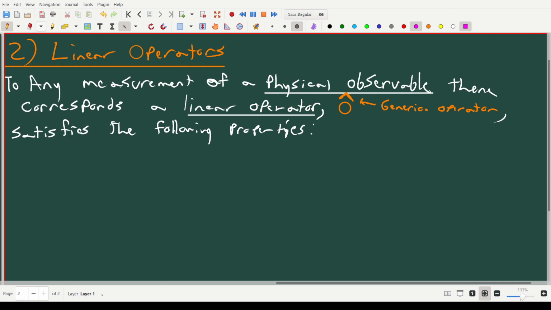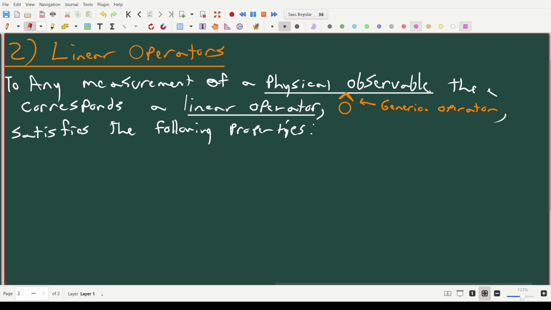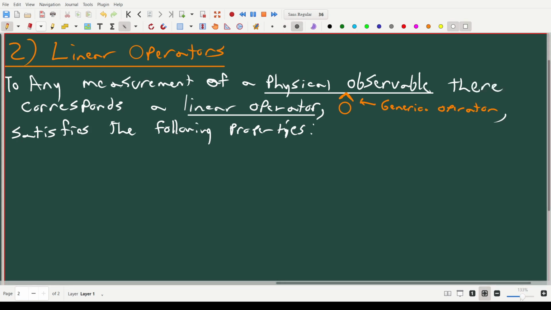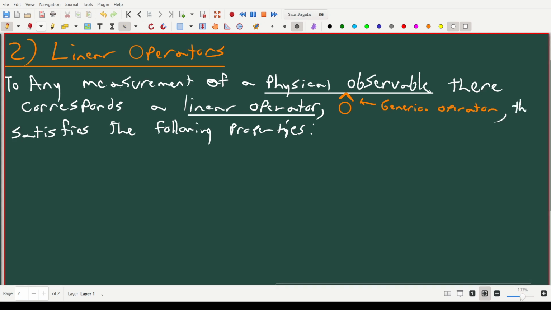To any measurement of a physical observable, there corresponds a linear operator, which we call O, that satisfies the following properties.